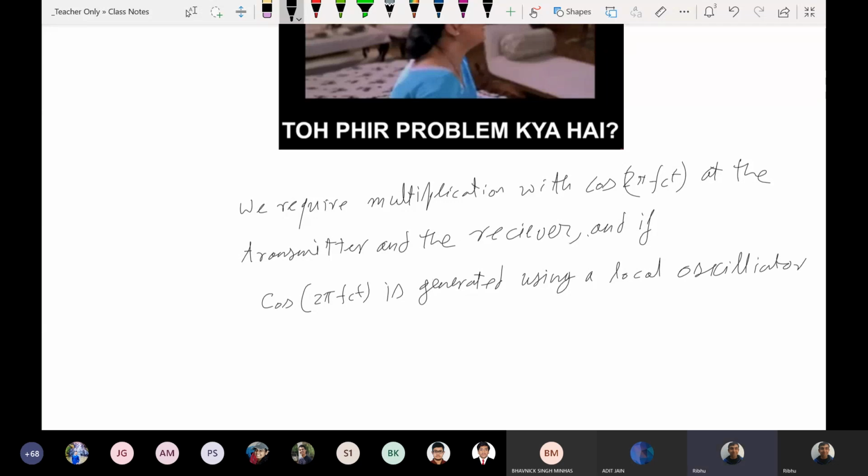So you send a signal, at the transmitter you generate cos 2πfct, and at the receiver you generate cos 2πfct. Fine. So as simple as that, using a local oscillator, and that should help you. But can anyone identify what's the problem with this approach?